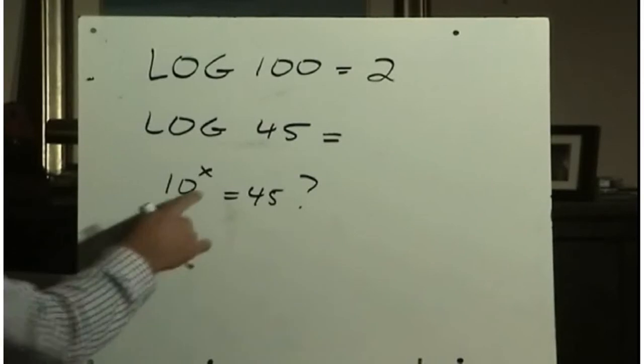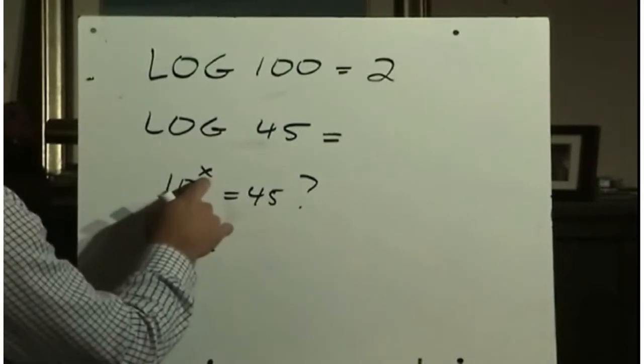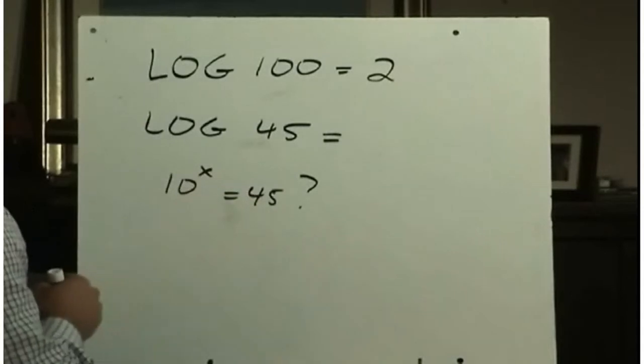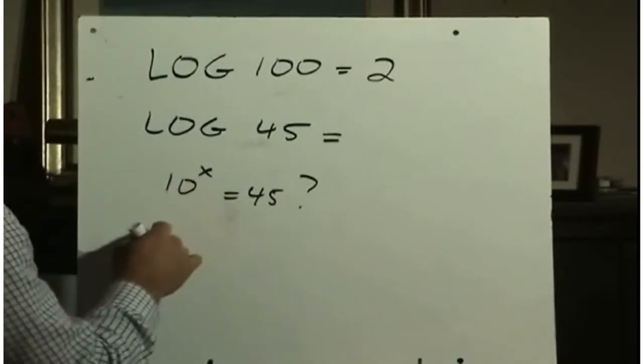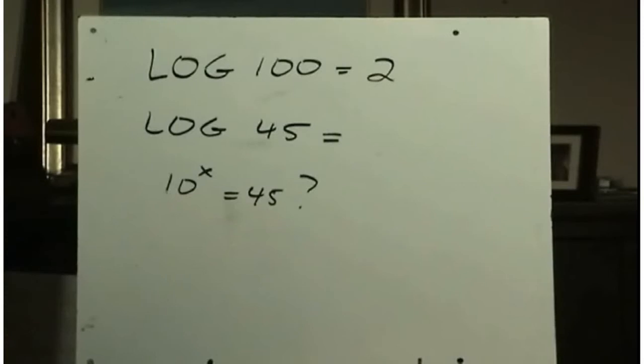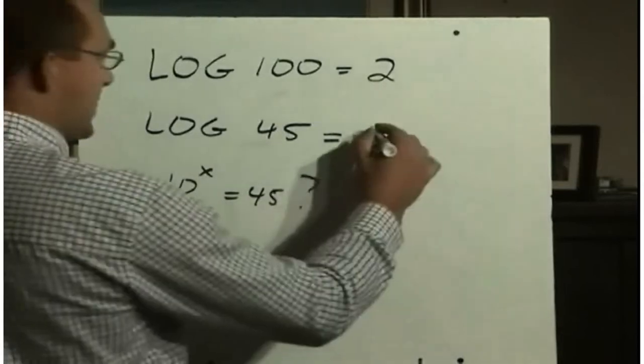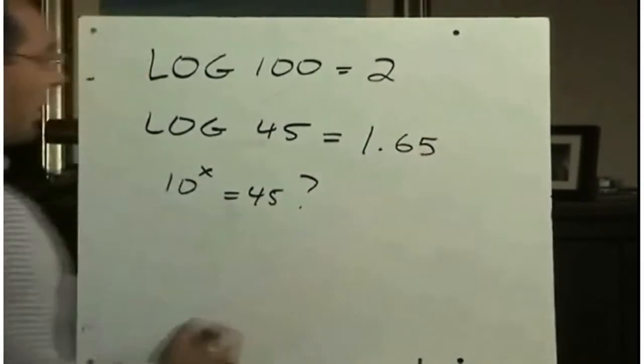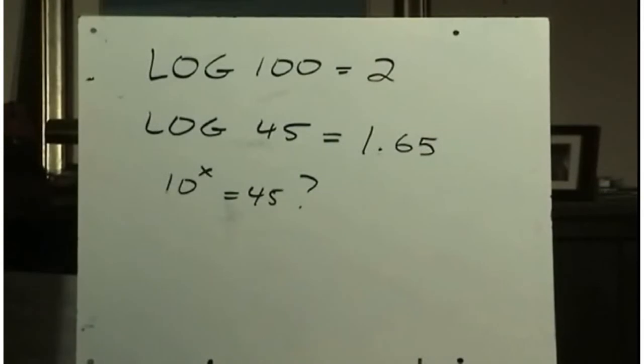Well, we don't really know what that would be. We can't do it in our head. We know that 10 squared is 100, so that's too big. And 10 to the power 1 would equal 10, so it's got to be somewhere between 1 and 2. If you go to your calculator, punch in log 45, and hit equals, you'll see that this is, to 2 decimal places, about 1.65.